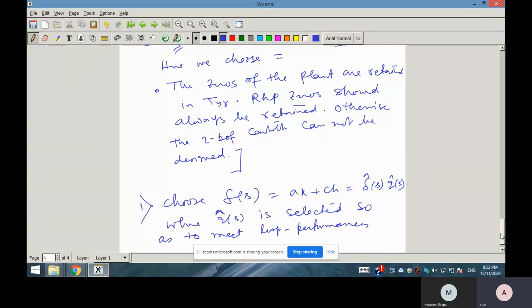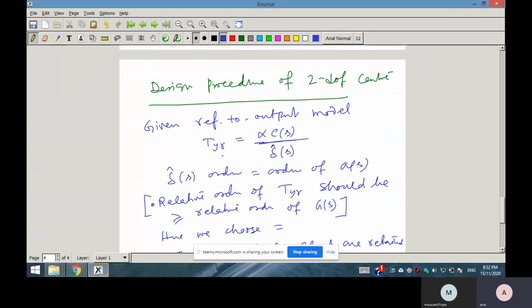That means once this reference input to output model is given, your tracking characteristics, all these things will be fine as is desired.